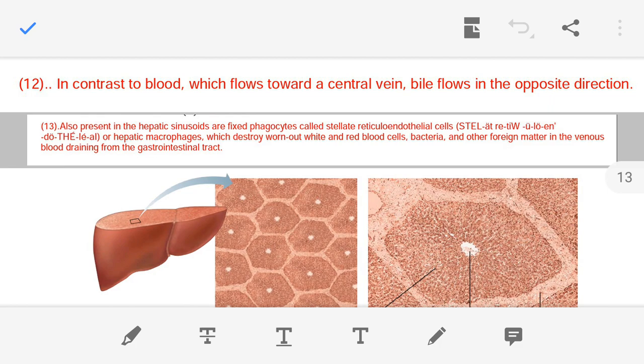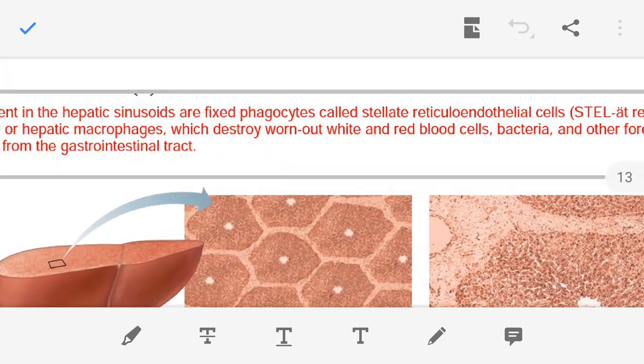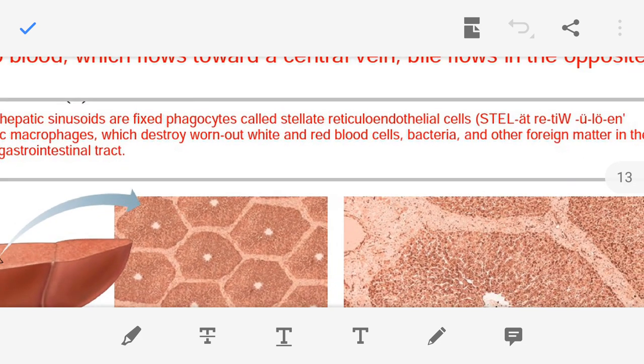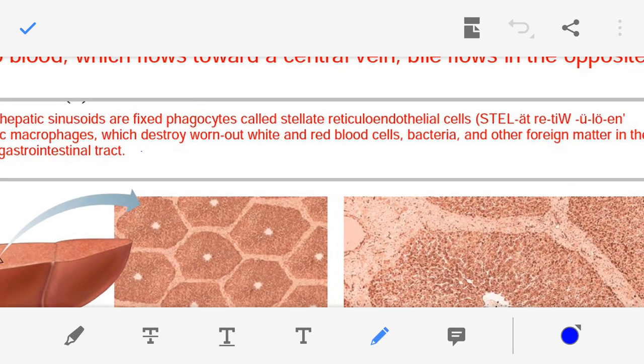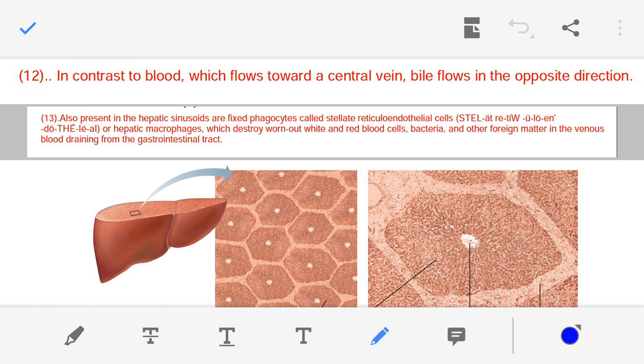Now what are the functions of these hepatic macrophages? They destroy worn out white and red blood cells. They kill the bacteria and other foreign matter in the venous blood, which is drained from the gastrointestinal tract.